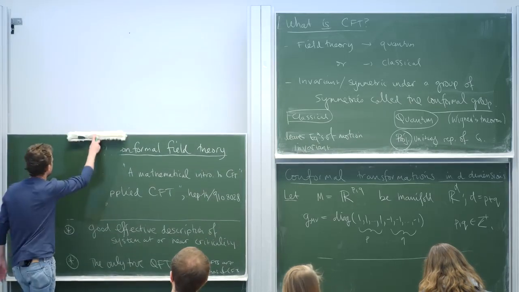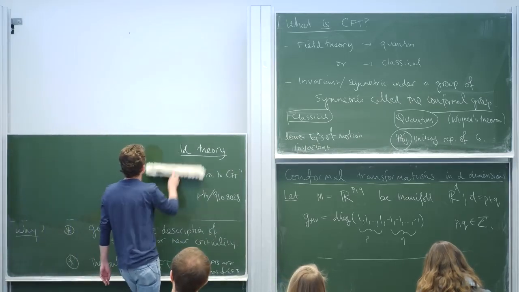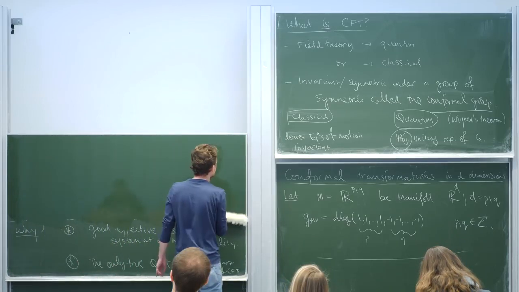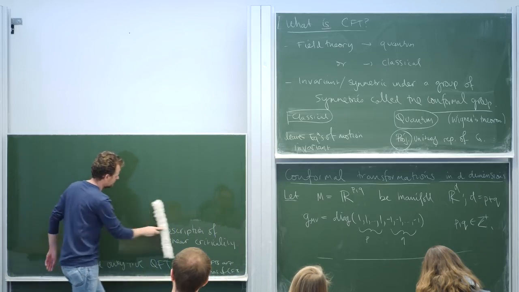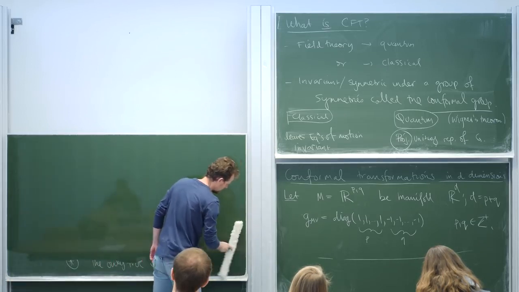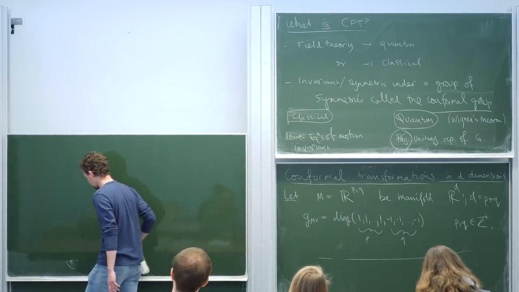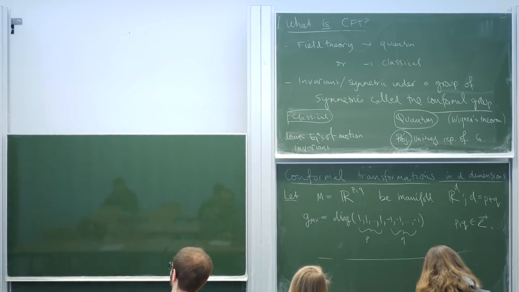Conformal transformations are smooth changes of coordinates which don't quite leave the metric invariant, but leave the metric invariant up to an overall scale factor.